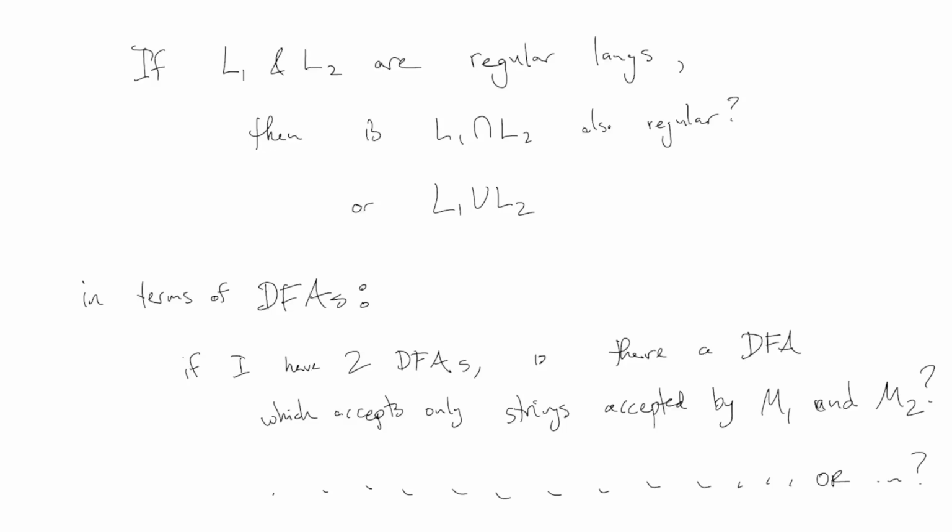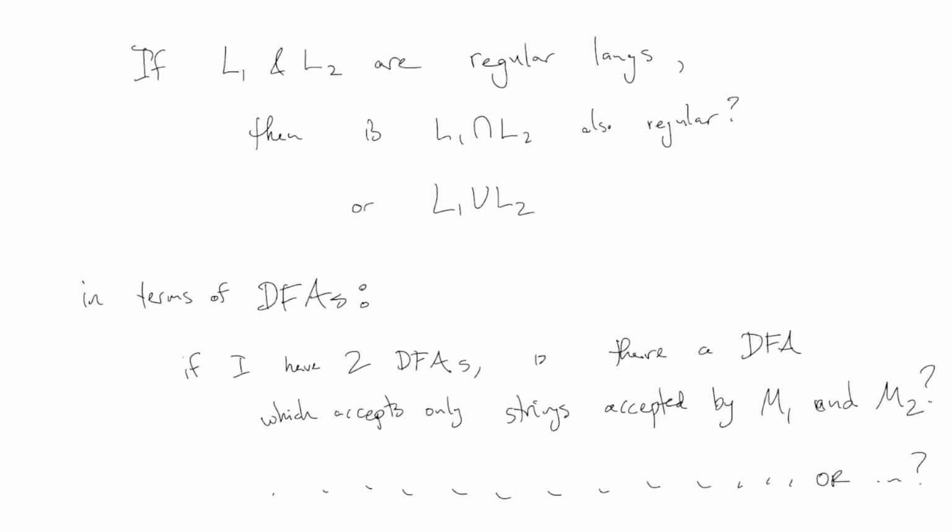These two questions are really equivalent to asking these questions about intersections and unions. So these are just two different ways of saying the same thing. This is really about starting with two DFAs and somehow combining them together. Maybe you can imagine chaining them together in some way so that what you get is another machine which accepts either the intersection or the union.